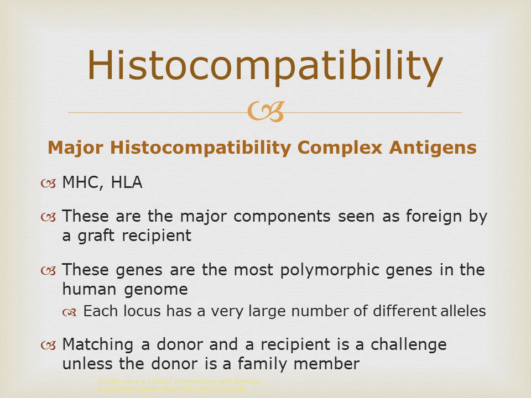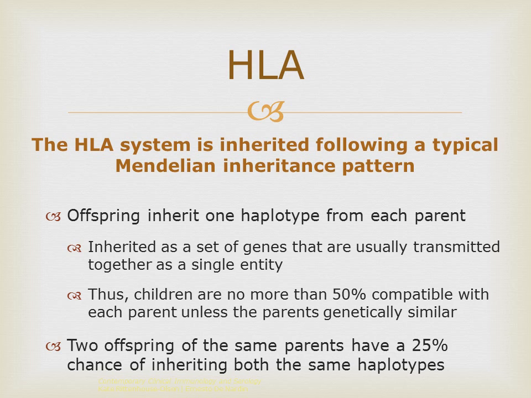Matching donor and recipient is a challenge unless the donor happens to be in the same family as the recipient of the organ or tissue. The HLA system is inherited following a typical Mendelian inheritance pattern. Each offspring inherits one haplotype from each parent.